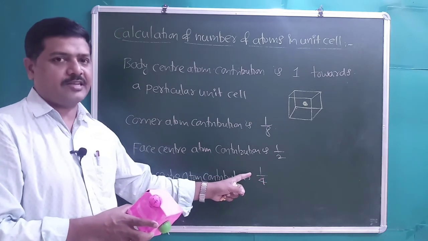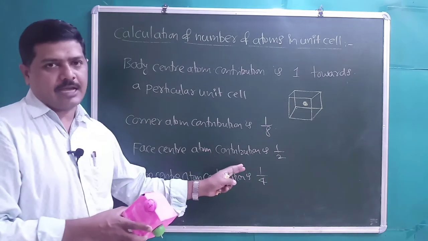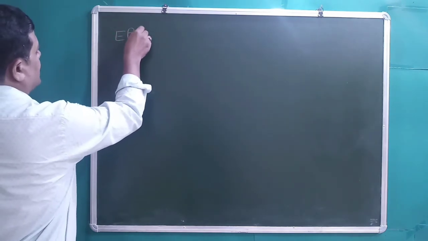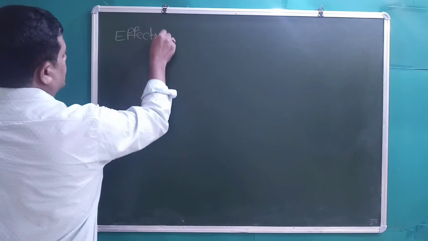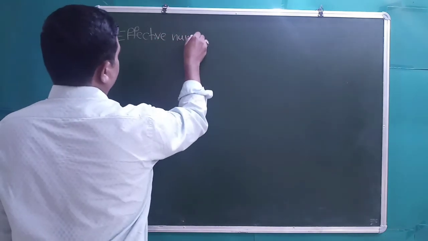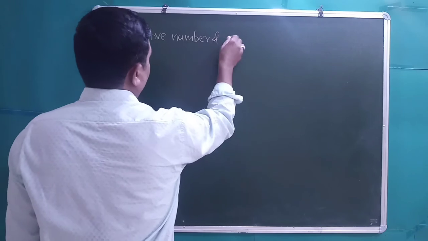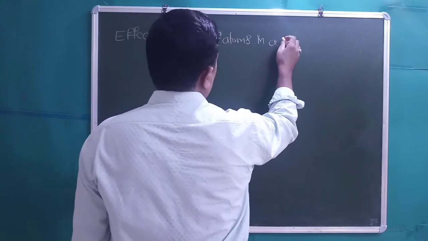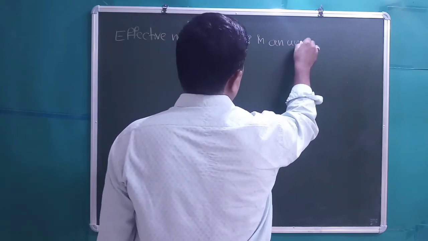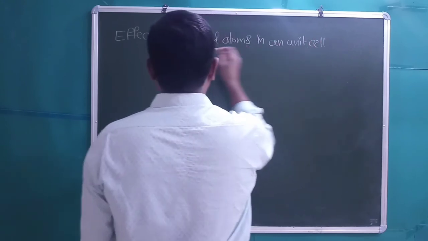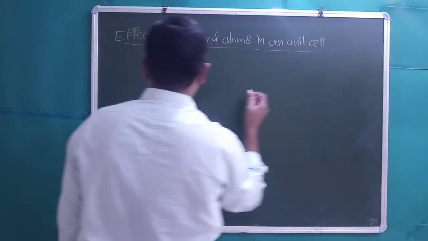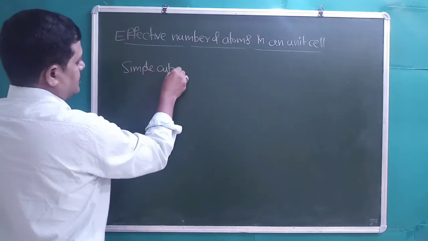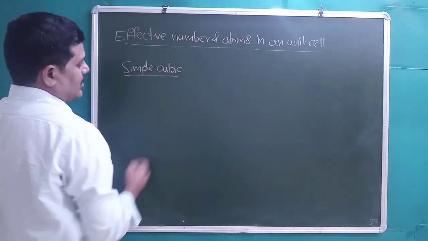Let us calculate the effective number of atoms in a unit cell for the different types of unit cells now. Students, first let us take the simple cubic unit cell, which has lattice points only at 8 corners.